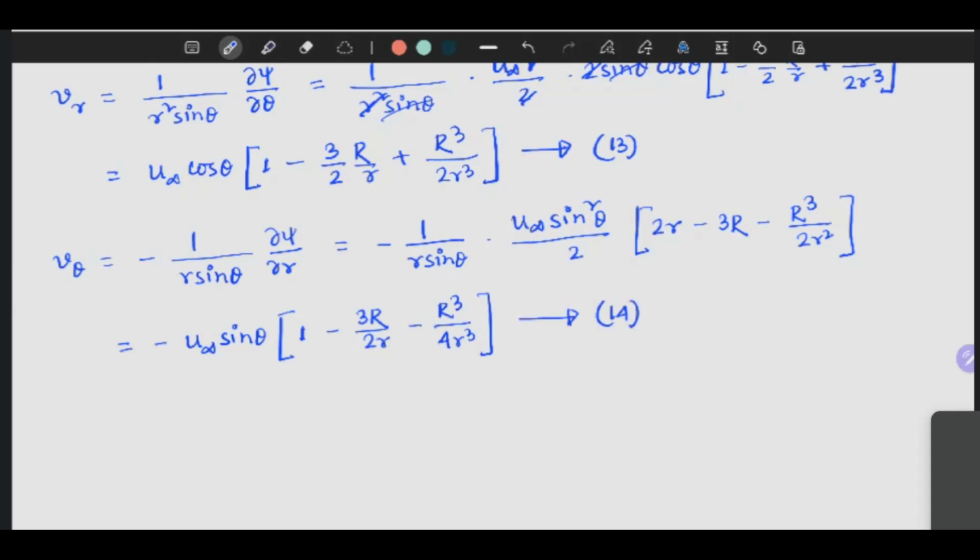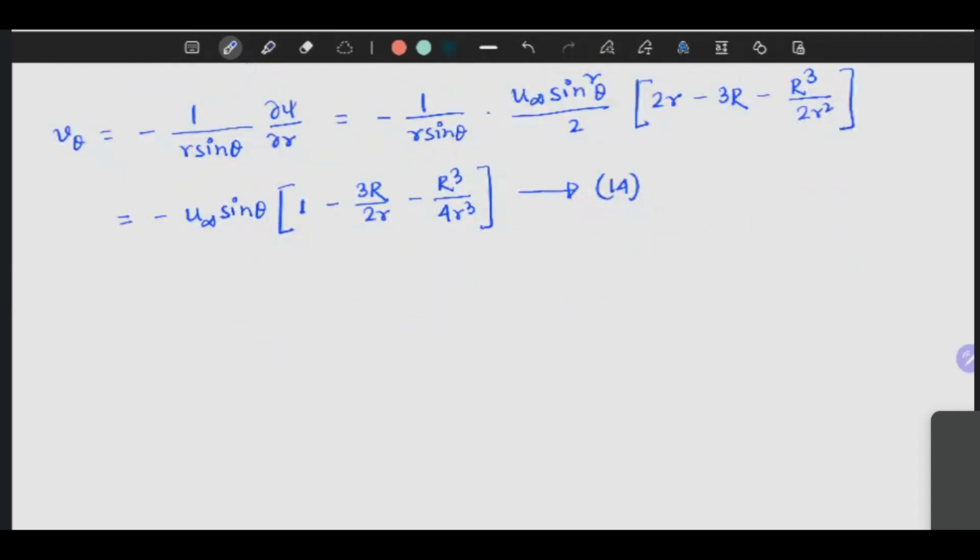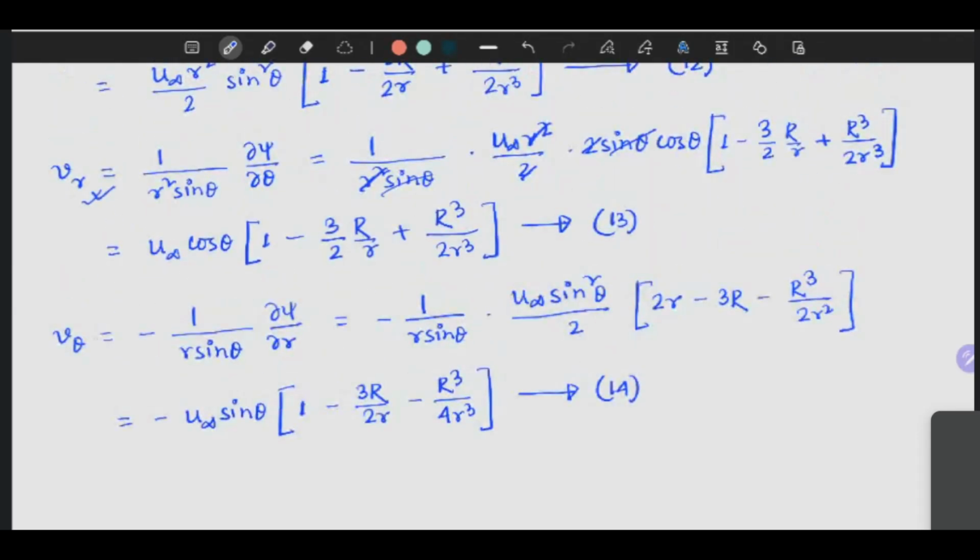Now we will use the Stokes equation. So we have got the vector components Vr and V theta.